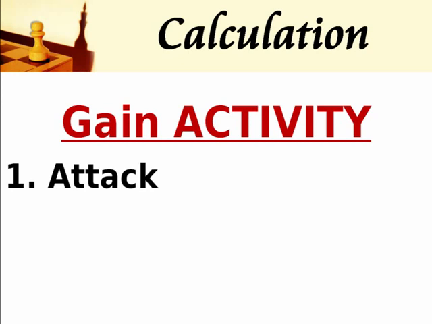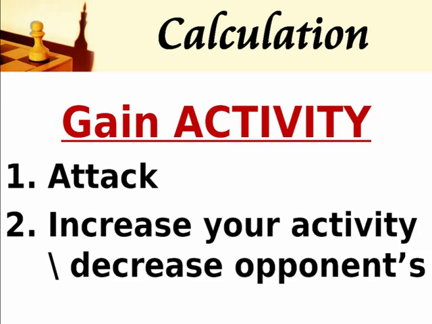If there are no attacking possibilities for us, then we should aim to increase our activity or decrease the opponent's. I examined these principles in great detail in my previous courses. That said, first you should calculate attacking moves. They are the most powerful. A well-played attacking move could lead to a quick knockout, so it makes sense to invest time in finding and calculating such moves.